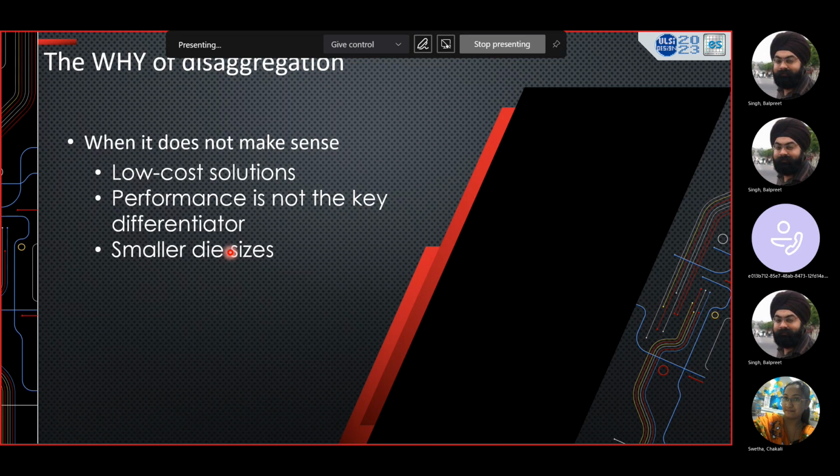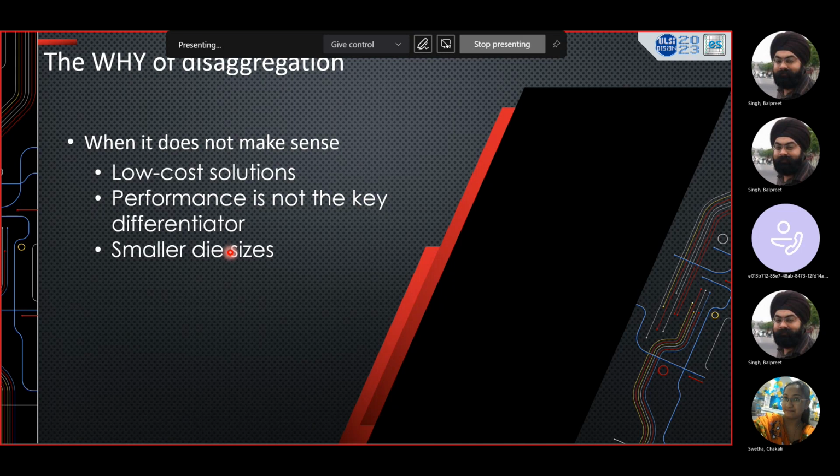There are so many complex things to take into account that if you're targeting a very cost-sensitive market, where you will not have the additional margins to take care of all of these challenges or packaging solutions, it's probably better to go with a monolithic solution.